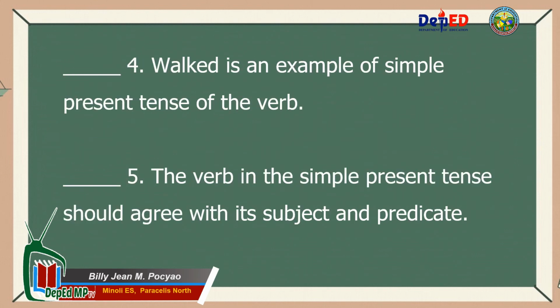Number 4. Walked is an example of simple present tense of the verb. The correct answer is wrong. Number 5. The verb in the simple present tense should agree with its subject and predicate. The correct answer is check.